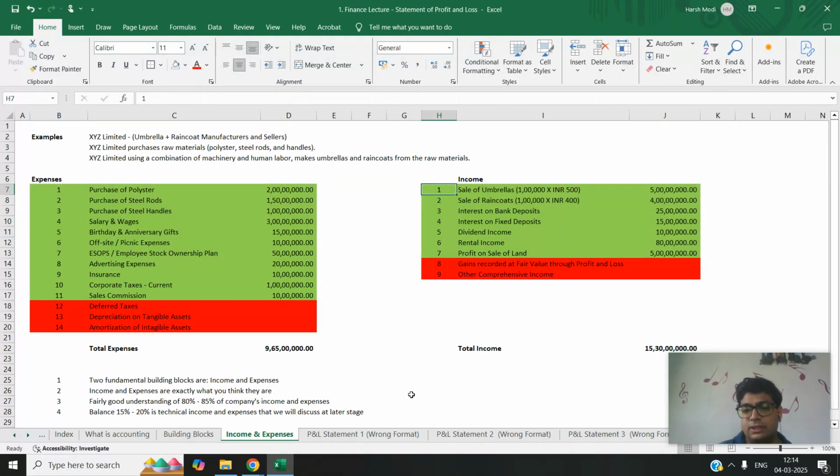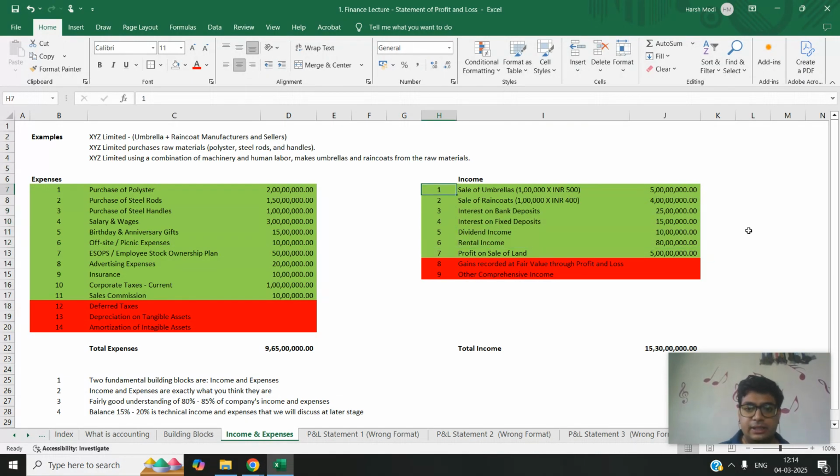Now what Srinivas does is he first of all studies XYZ's income sources, and he realizes that XYZ has three major sources of income, which are sale of umbrella, sale of raincoat, and profit on sale of land. Compared to these three income sources, all the other four income sources are extremely trivial.